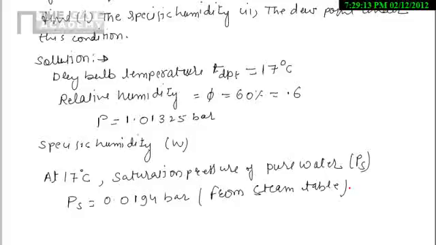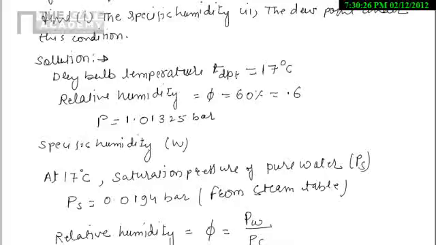Now we have PS, that is 0.0194 bar, and we have to find out specific humidity, but we are having relative humidity. For relative humidity, phi, we have the formula PW by PS.